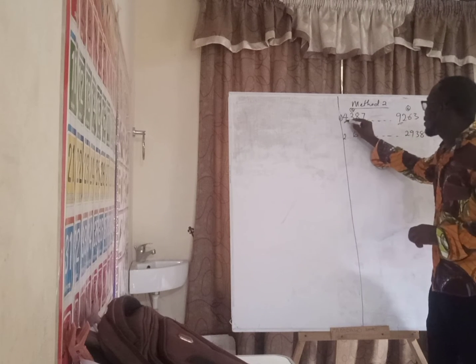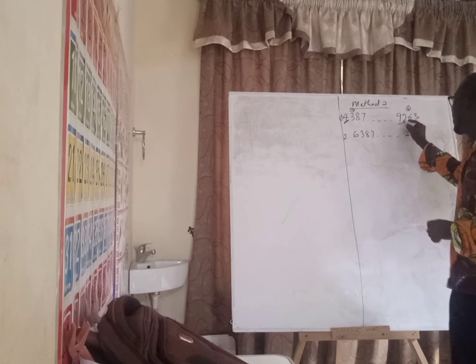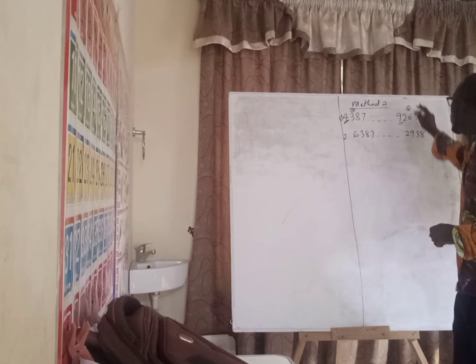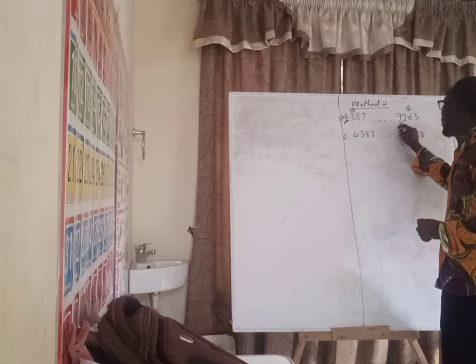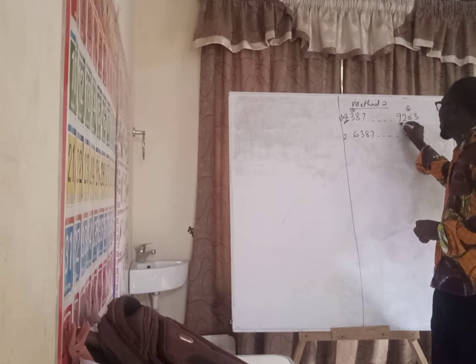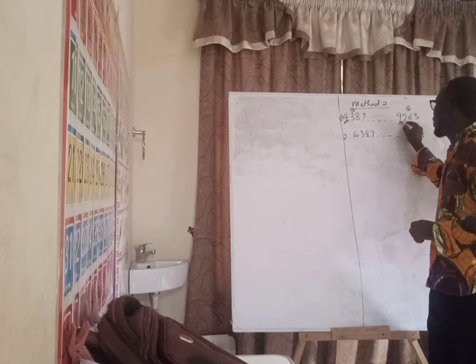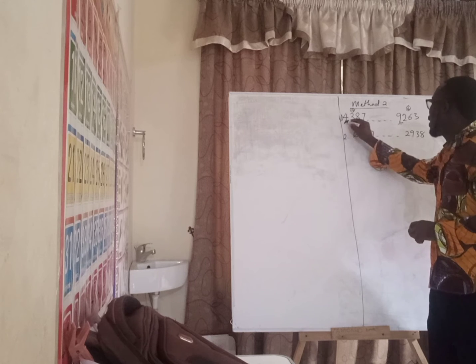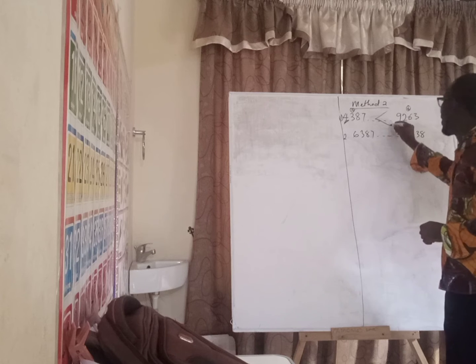You realize that this 4 is smaller than this 9. So we will now compare based on the first numbers. So we have 9 here, we have 4 here. So it means that 9 is bigger than this 4. So we can now put in our sign.